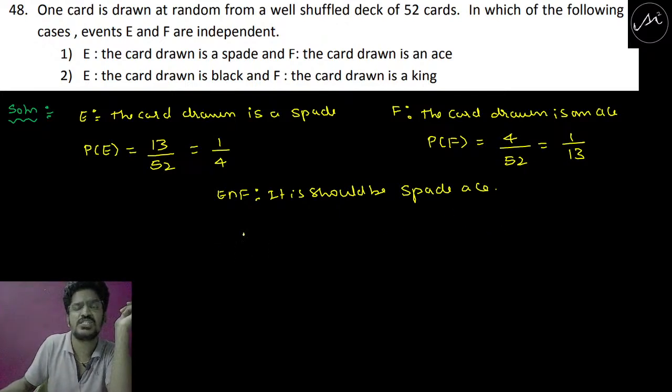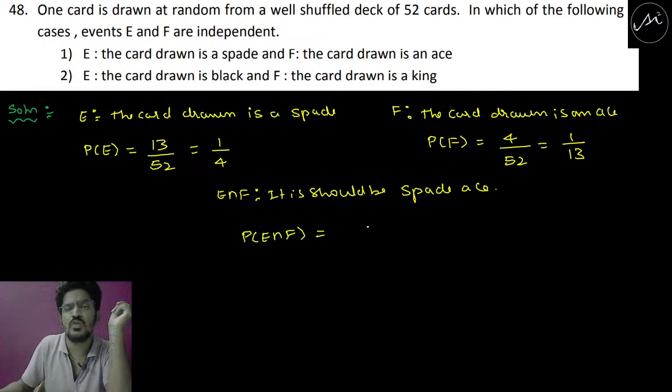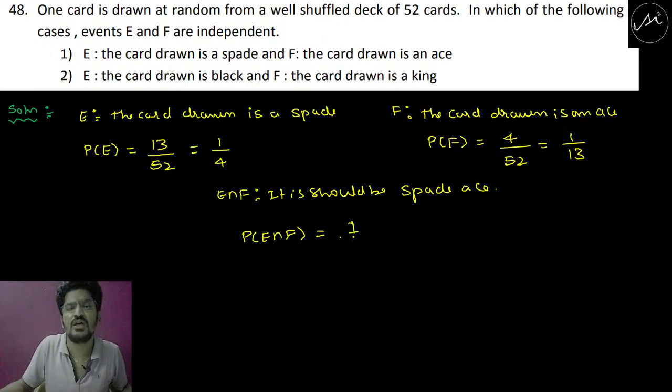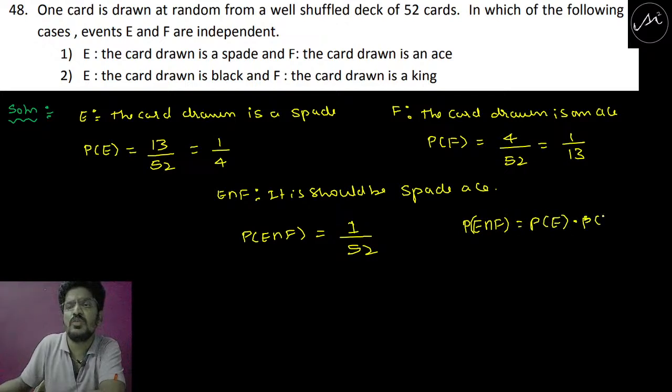So the probability of E intersection F is 1 by 52. Now we know the probability of E intersection F is the probability of E into the probability of F. That is 1 by 4 into 1 by 13, equal to 1 by 52.